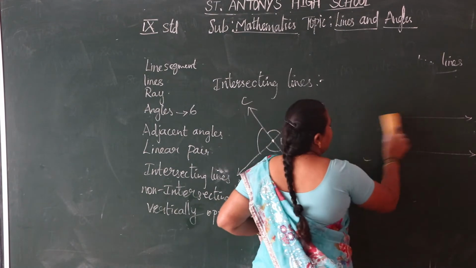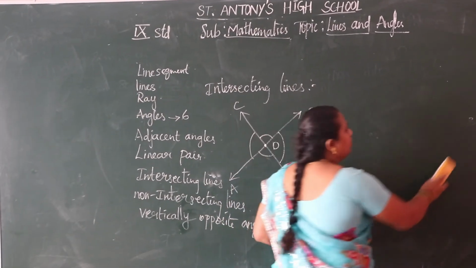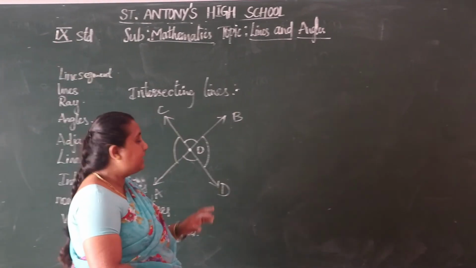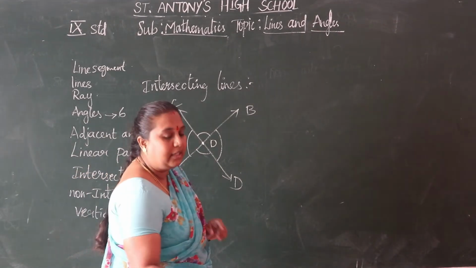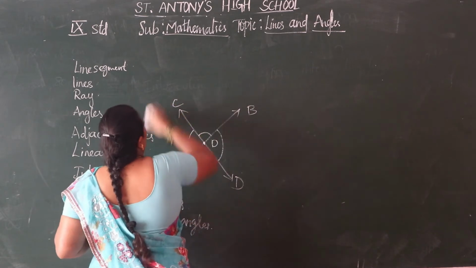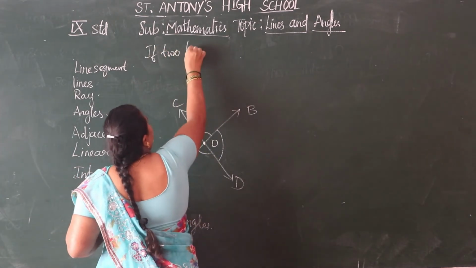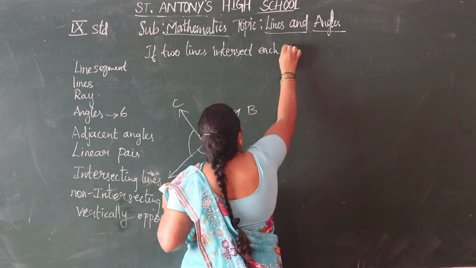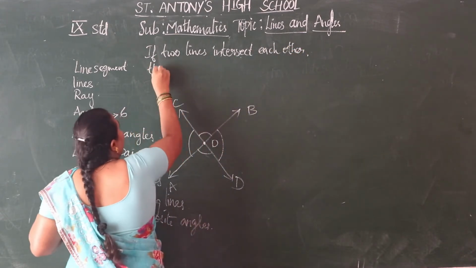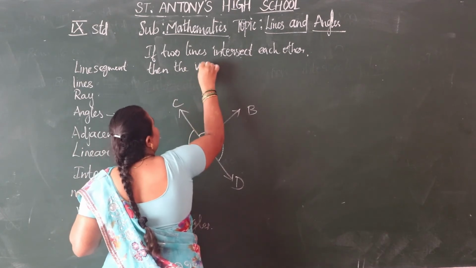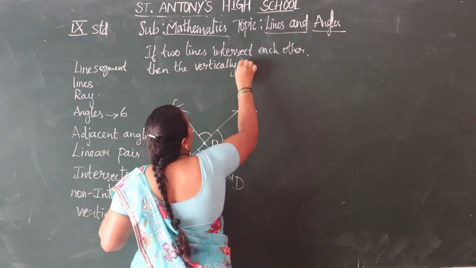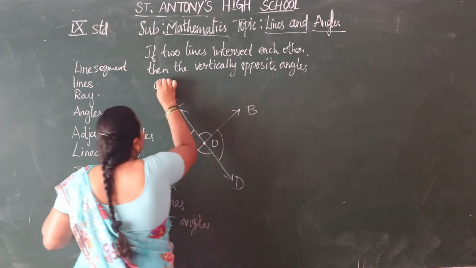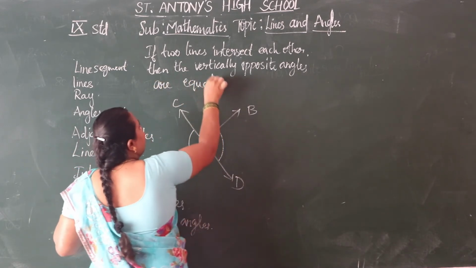The theorem is given in your textbook: if two lines intersect each other, then the vertically opposite angles are equal.